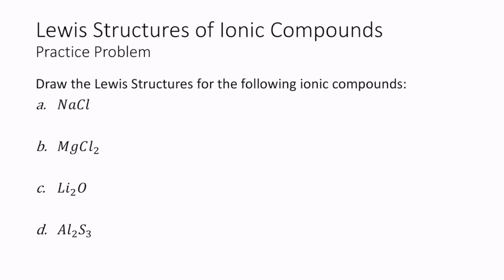All right, let's get some practice. Let's do this first one together, and then you can go ahead and try the other ones. The first thing I'm going to do is draw the Lewis symbol of each ion present so I can visualize how they will fit together.